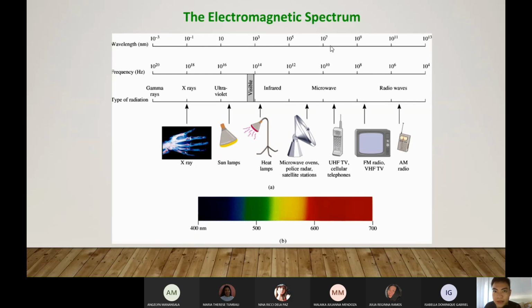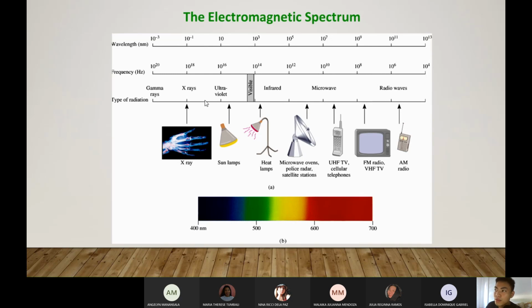Okay? So in microwave, this is quite big wavelength yan. Okay, so about 7 centimeter. So yan, it is used to vibrate molecules. Kaya yun yung ginagamit sa microwave oven. No? When molecules vibrate, umiinit sila. Kaya umiinit yung pagkain doon.